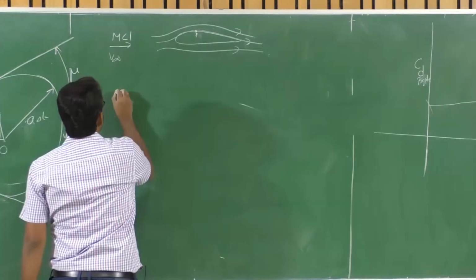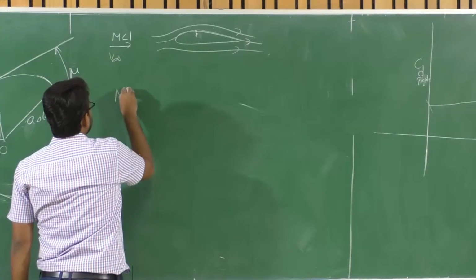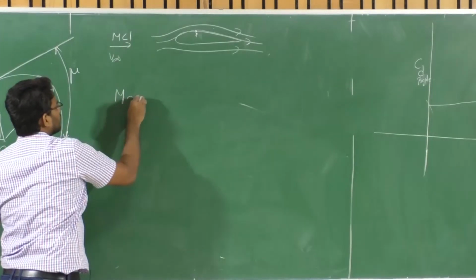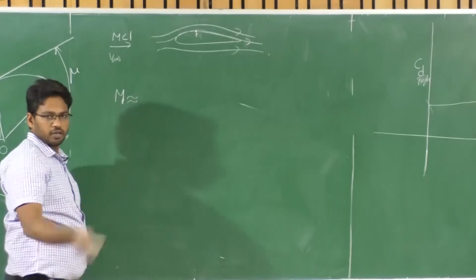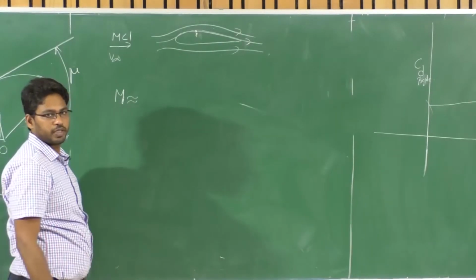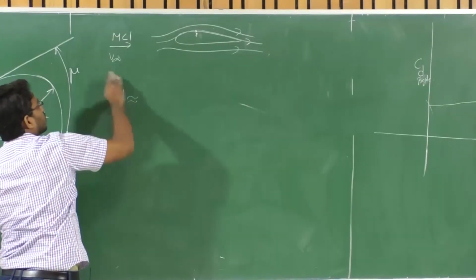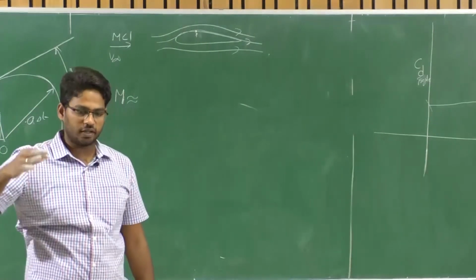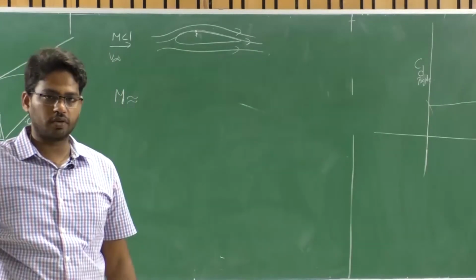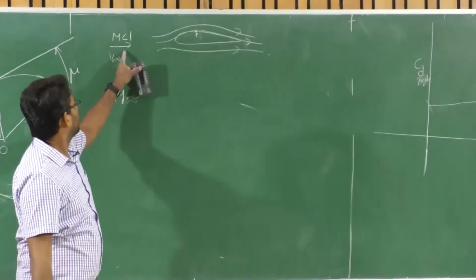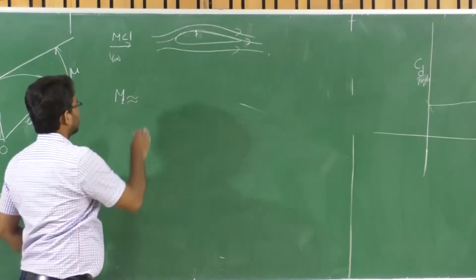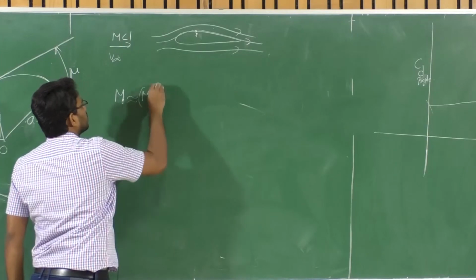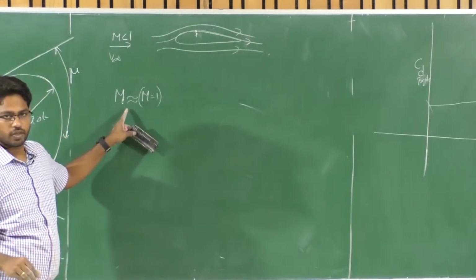And then if the flight speed is close to higher subsonic speeds, or close to sonic speeds, what happens? Even when you are flying at a subsonic speed close to M equals 1, what happens?